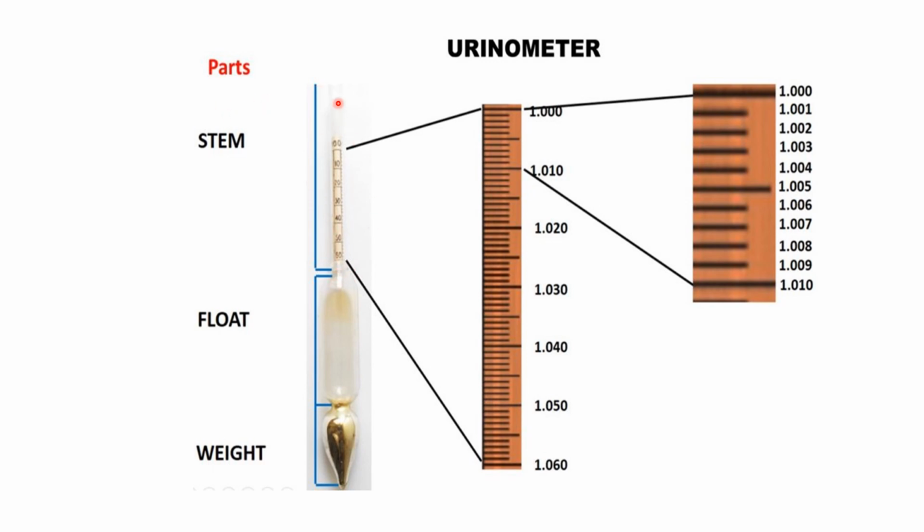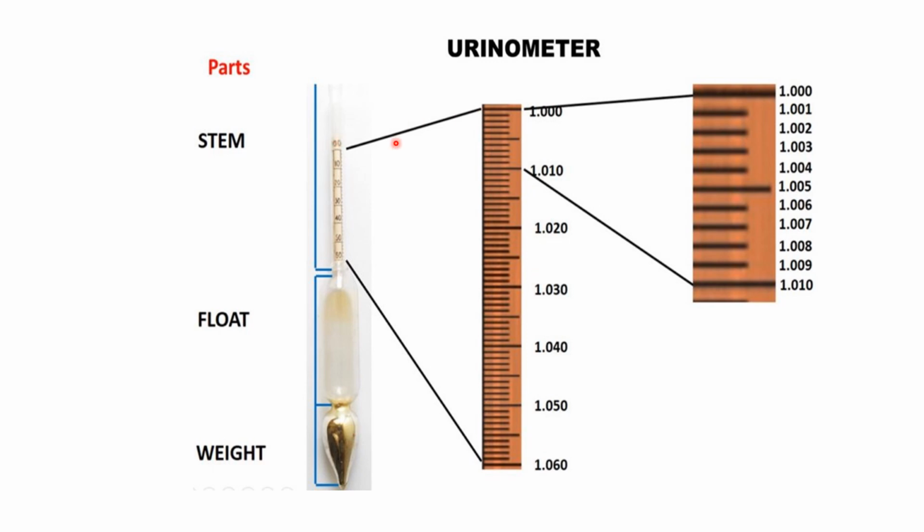In the stem lies the buoyancy factor, which is interpreted as per specific gravity, and this central part floats in the urine, and the lower part consists of the weight, which enables the urinometer to displace the amount of fluid and allow it to float.